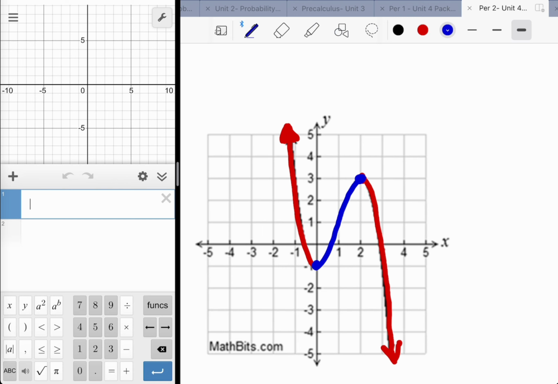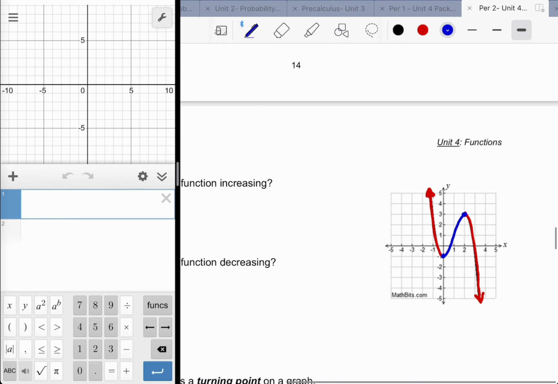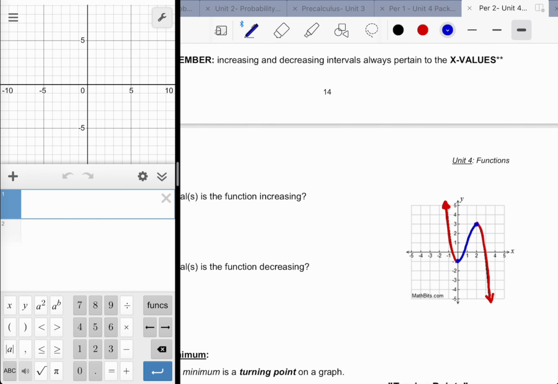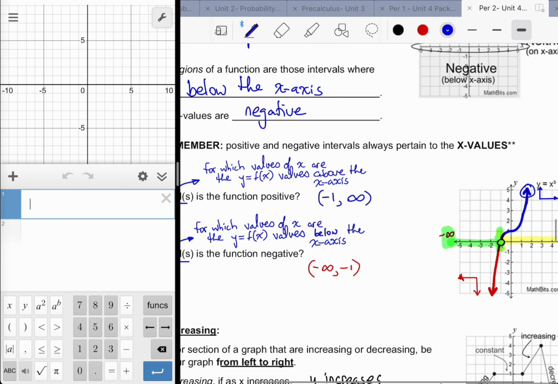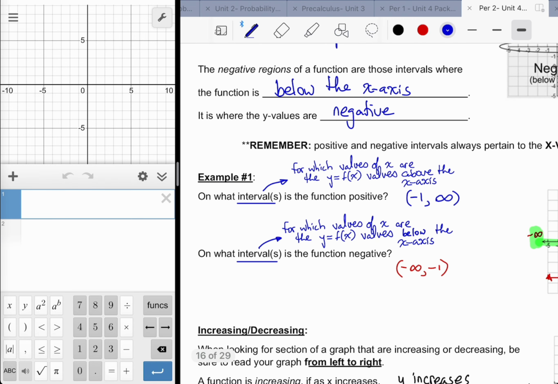Driving in a car, walking up and down hills, it's a pretty basic concept, but it's very often and easily confused when you start mixing ideas together. It's very often and easily confused with the whole positive negative thing.